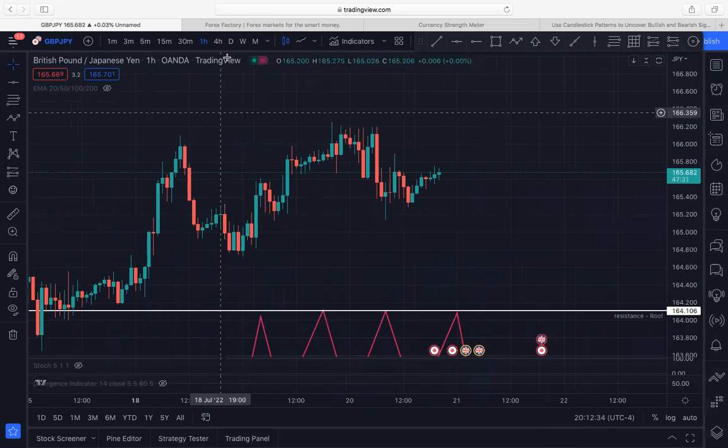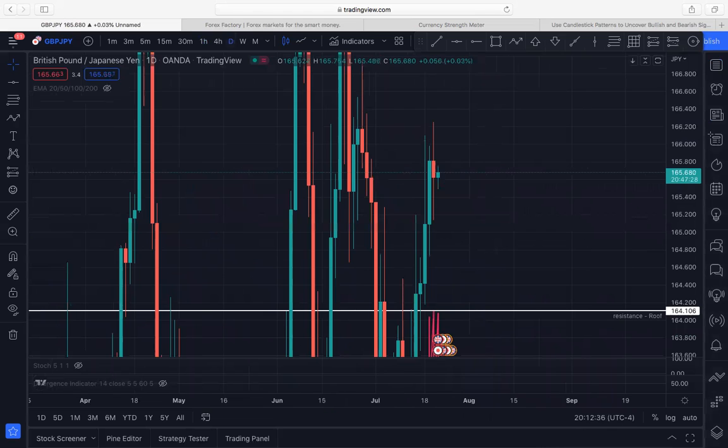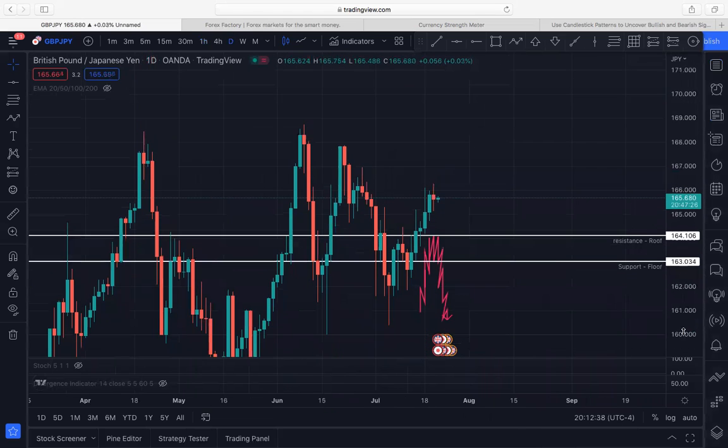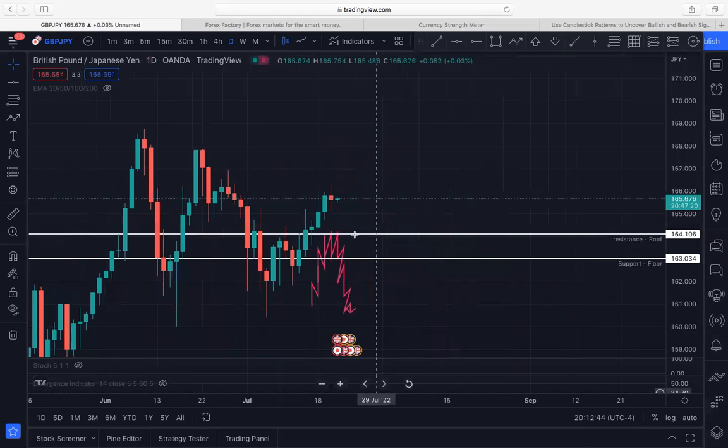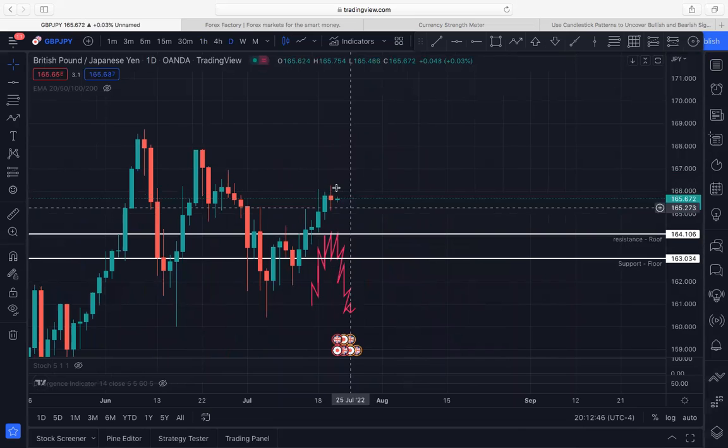Let me start on the day actually. This little green candle is what's going on right now. It's the day. So today's, what is it? The 20th. So this candle is today.